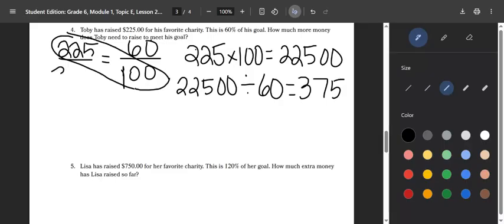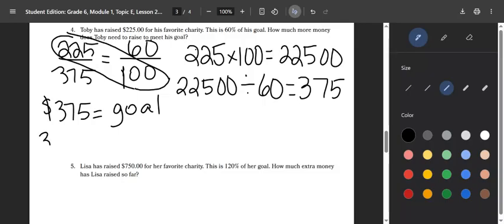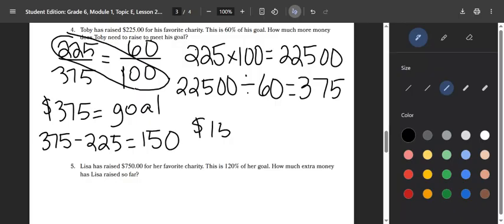So 375 is the goal. So $375 equals his goal. So then to figure out how much he's got left, you take his goal, subtract what he's raised, which is 225, and that will give you $150. So $150 is what he has left to raise.